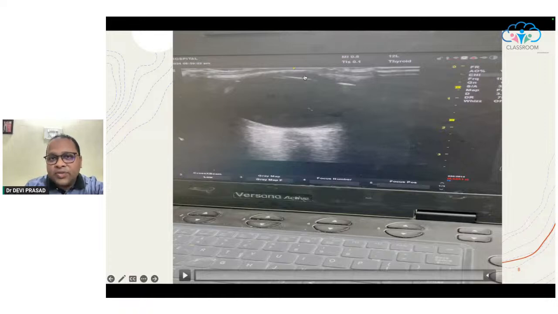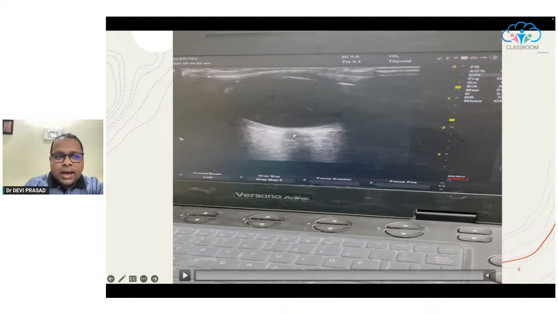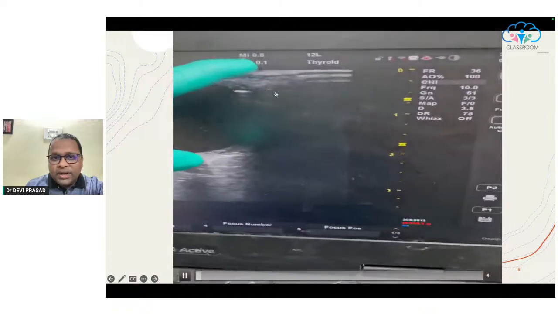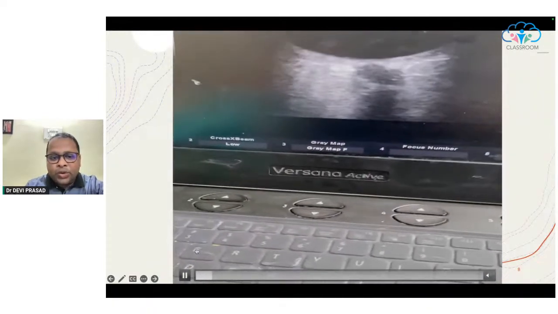And in the lens, lenticular opacifications are very common. So as low as reasonably achievable, and then we start insonating.